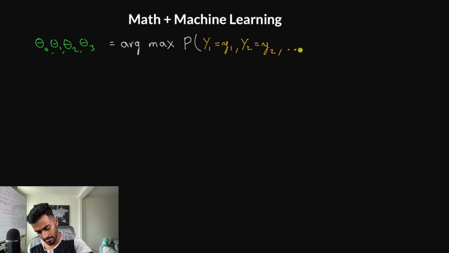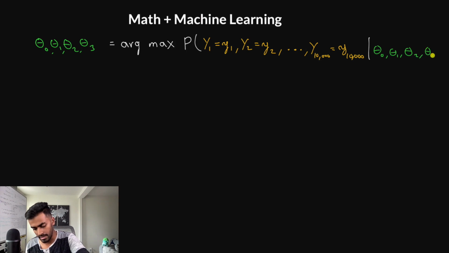And so on until y10,000, because that's the size of our training data set and the number of observations that we have. And all of this is such that we assume the values of theta 0, theta 1, theta 2, and theta 3.